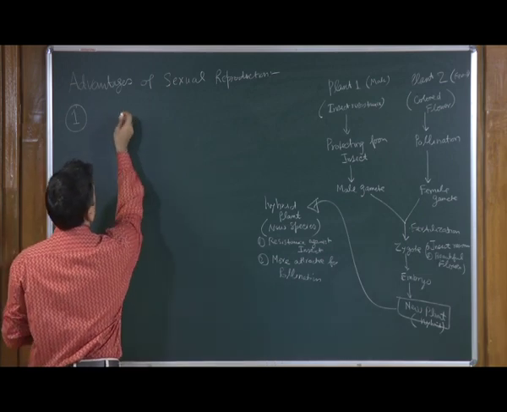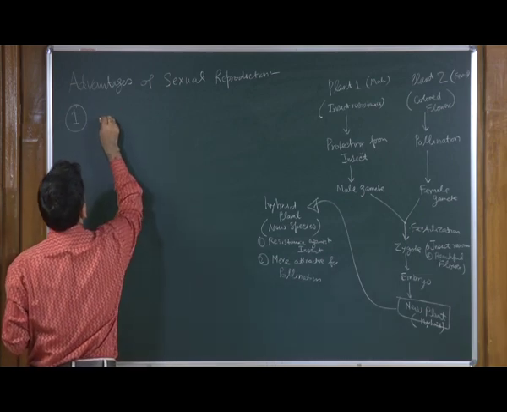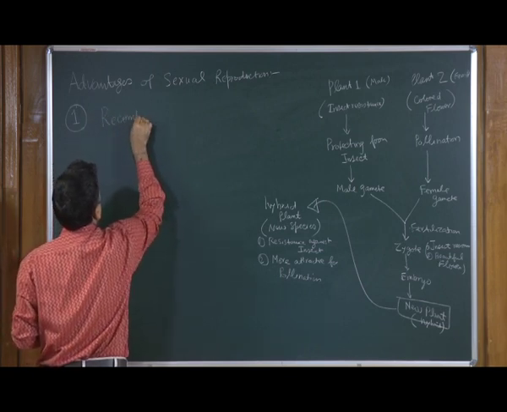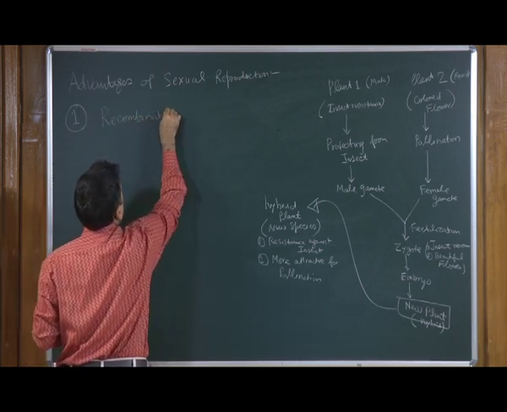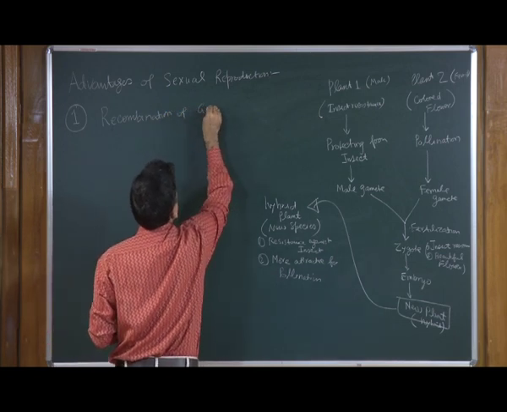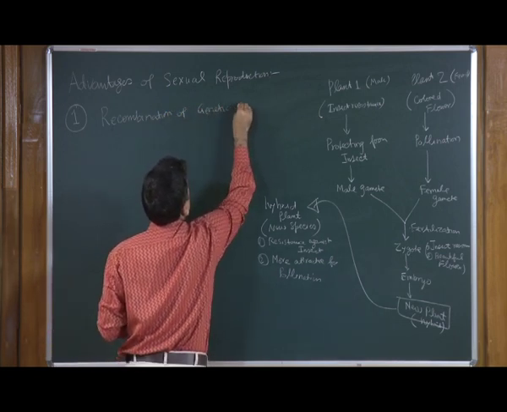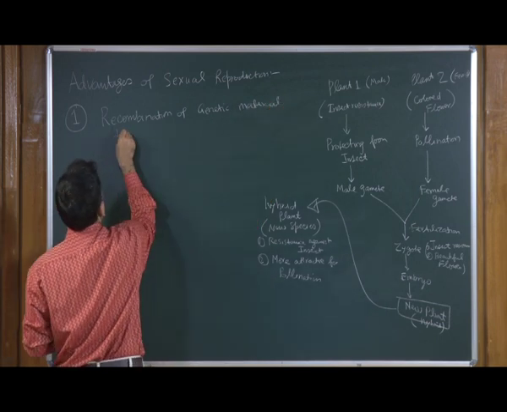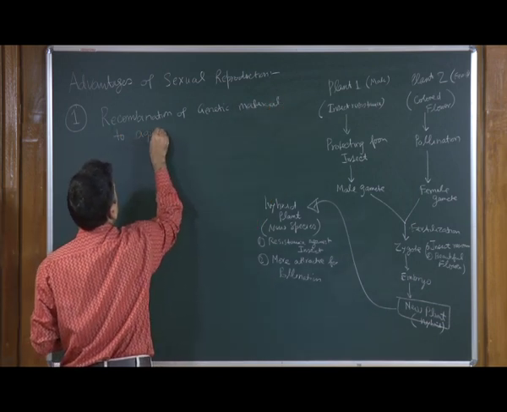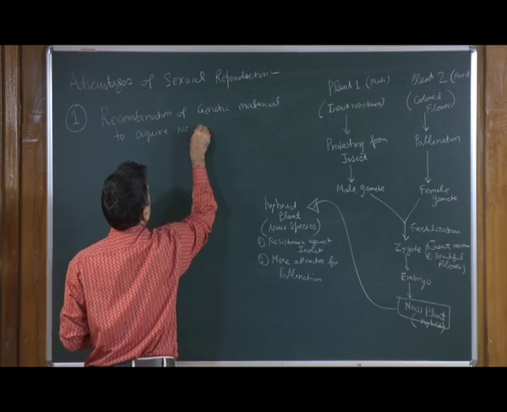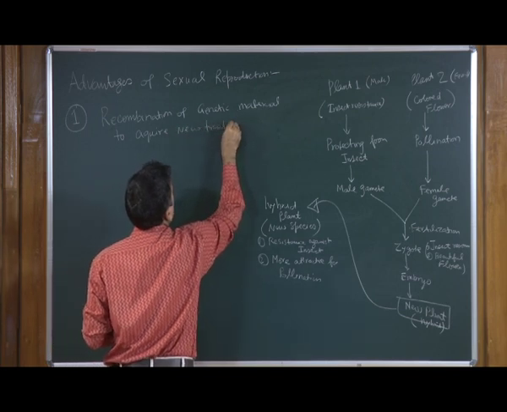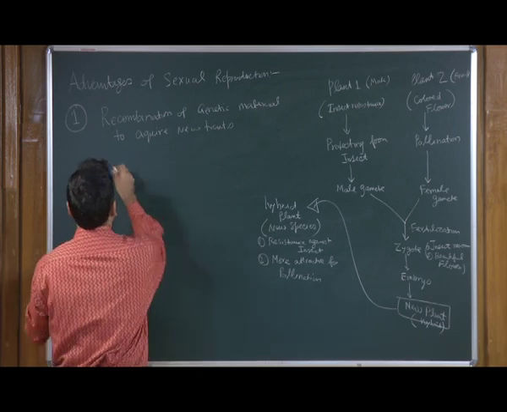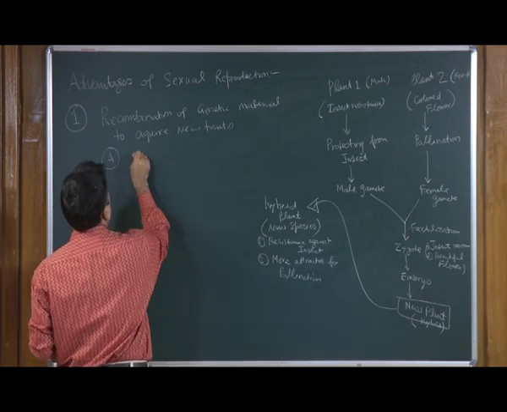The first advantage of sexual reproduction is that it allows the recombination of genetic material to acquire new traits.